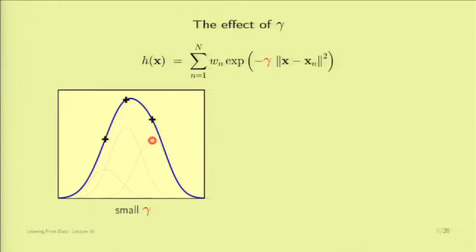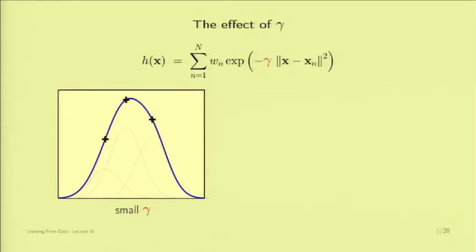So this would be W1, W2, W3, if these are the points. And when you add W1 times the Gaussian plus W2 times the Gaussian, etc., you get a curve that gives you exactly the Y1, Y2, and Y3. Now, because of the width, there is an interpolation here that is successful.